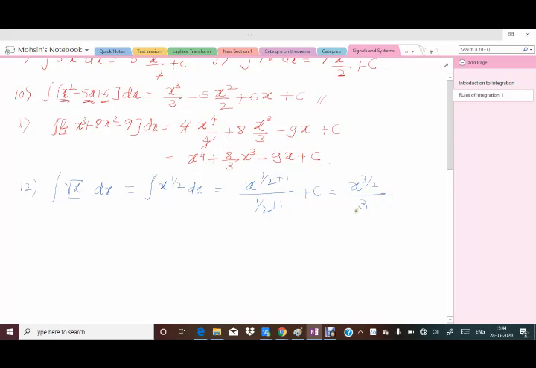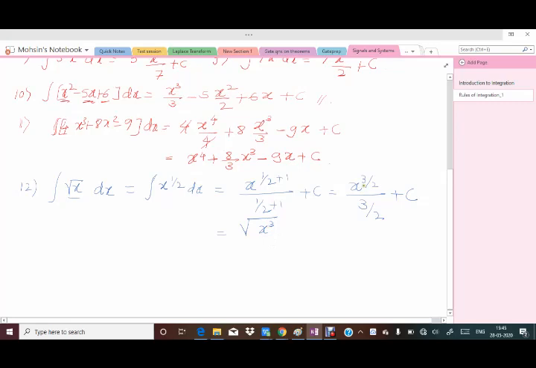So therefore plus c. If I want to write x raised to 3 by 2 in terms of root, I can write it as square root of x cube.